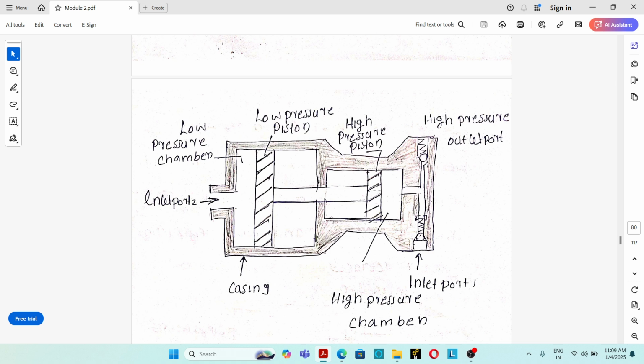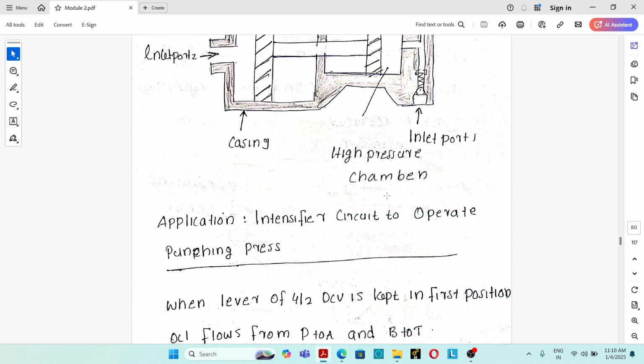The other end of the piston rod is connected to the high pressure chamber piston. So when the low pressure chamber piston moves in the forward direction, the high pressure chamber piston also moves in the forward direction and exerts a force over the hydraulic oil, and the hydraulic oil gets pressurized. That high pressurized hydraulic oil flows into the hydraulic circuit. So this is the working of a single acting pressure intensifier.